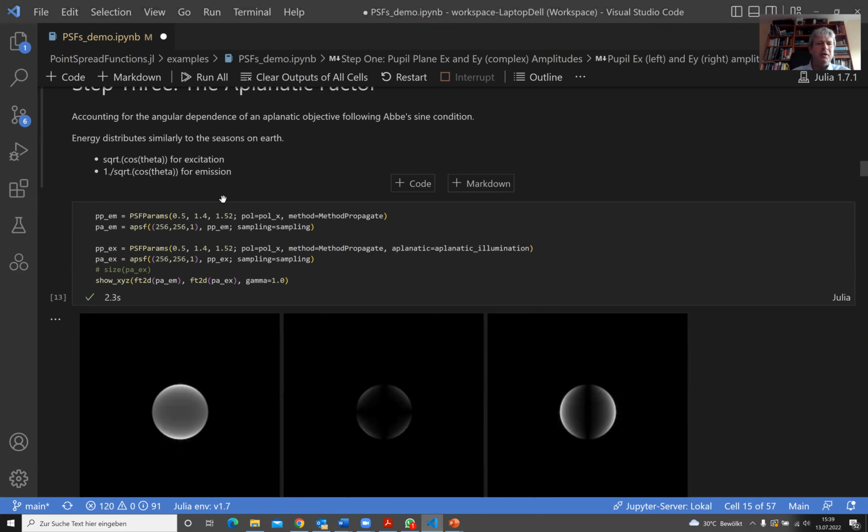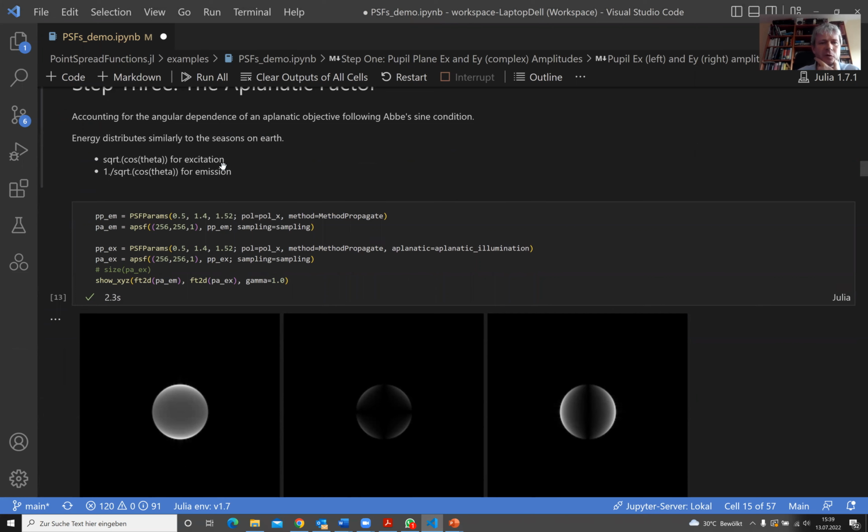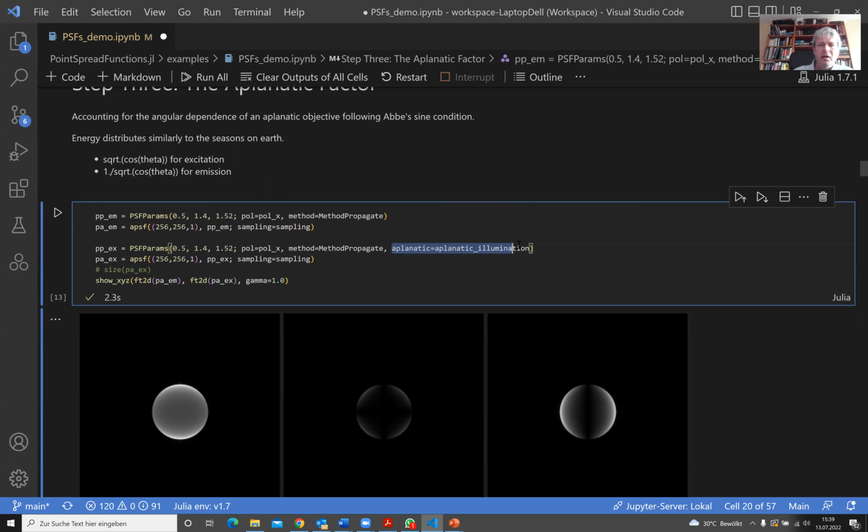This aplanatic factor varies whether you're in excitation or emission for fluorescence, and therefore it has to be defined. By default, it's always assumed that the settings are for emission. But if you want to change it, as you see here, we can specify an illumination aplanatic factor along with the illumination wavelength that might be different.